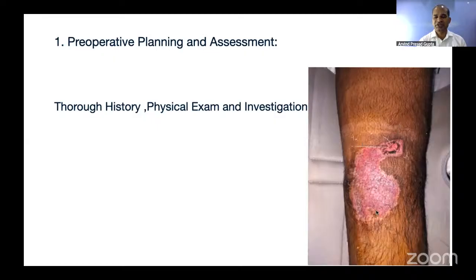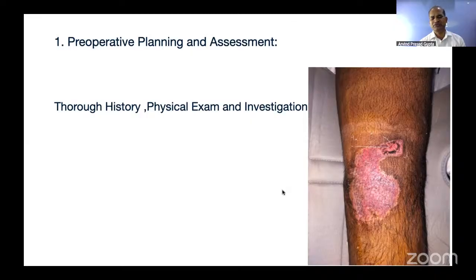This patient was referred to me as a multi-ligament knee injury, and the patient was advised surgery, and came to me with full preparation, with MRI, everything. "Doctor, I want to get surgery done."